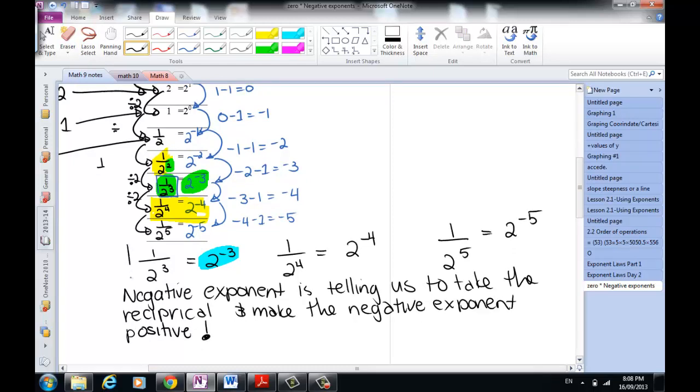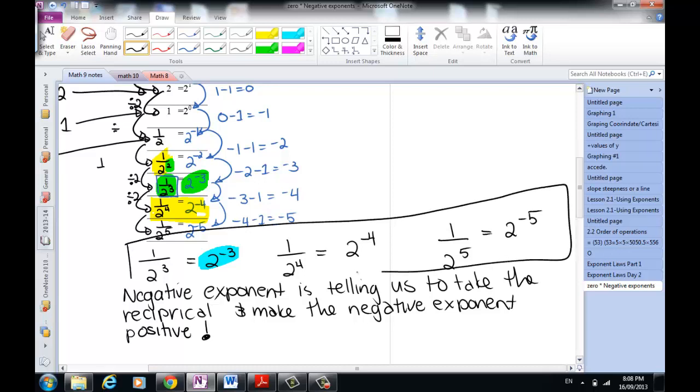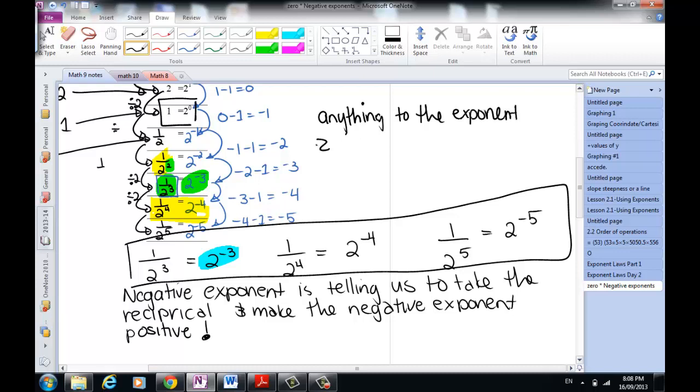We're going to do a few examples of that, but I just want you to notice from there. The other thing that's super important that we remember is that anything to the exponent 0 is equal to 1.